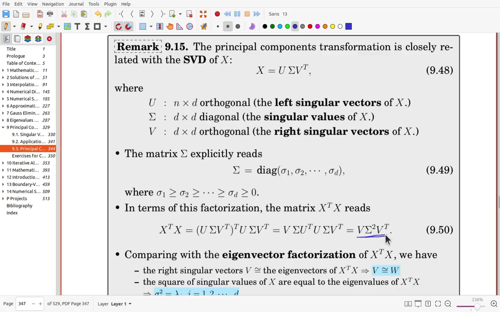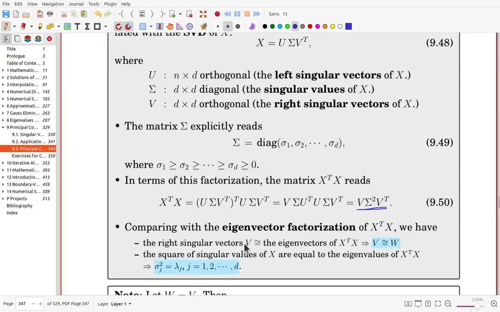So we arrive at this eigenvalue decomposition. And since this is a diagonal matrix, the diagonal entries must be eigenvalues of the matrix, and the columns of the matrix V must be the corresponding eigenvectors in the same order.